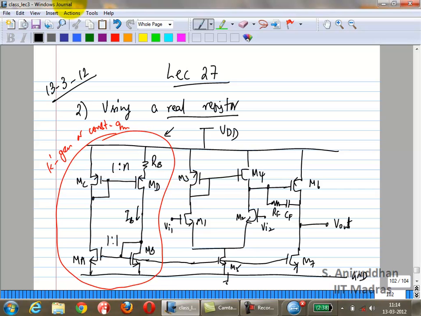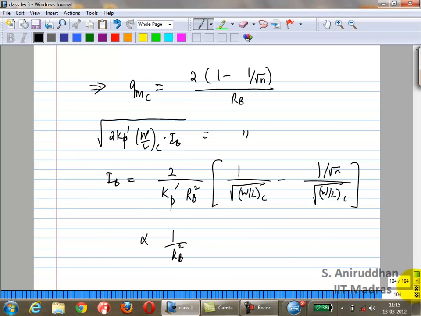Is that clear? So of course RB and RF have to be the same type of resistance, and it will track over temperature, process, everything. Okay?